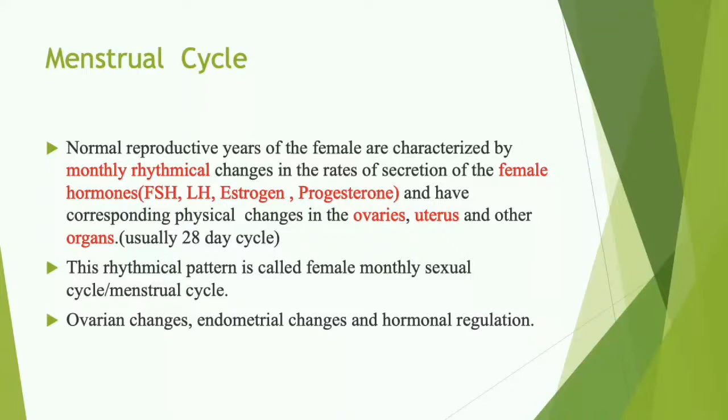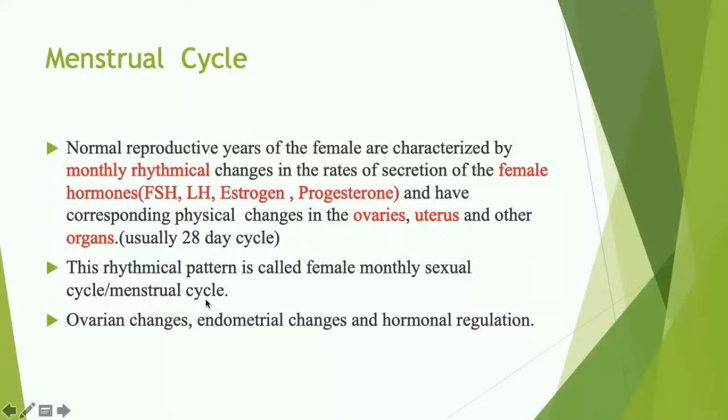It is a pulsatile secretion of GnRH which is responsible. It does not follow the pattern of cyclical variation during a month. There are corresponding physical changes in the ovary, uterus and other organs. The cycle duration averages around 28 days, but it can vary from 25 to 45 days, right? This rhythmical pattern is called the female monthly sexual cycle or your menstrual cycle.